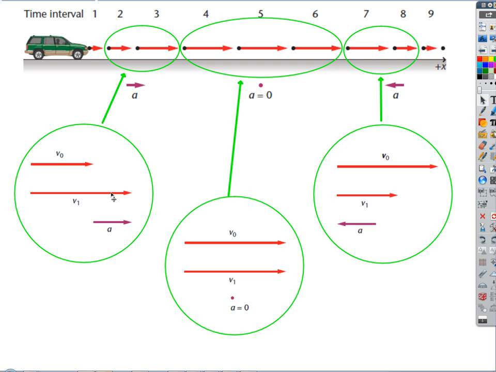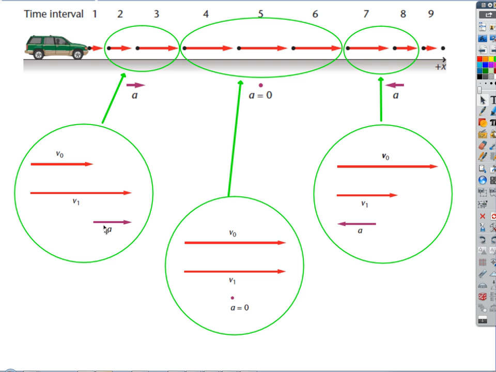Final velocity minus initial velocity. If I subtract this initial velocity away from my final velocity, don't I have about that much left over? Right? Does that make sense? So that's the change in velocity, and it's only a 1 second interval, right? We defined acceleration as change in velocity over change in time. So it's going to be that much of a difference divided by 1. Get the idea? This is really just intended to be kind of a visual representation. But that's giving us some acceleration in that direction, right?